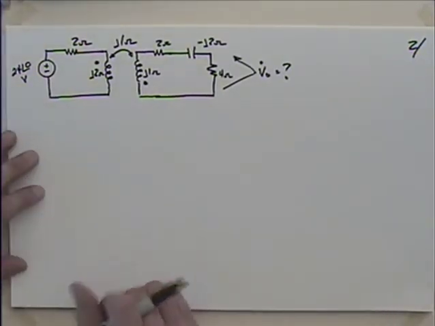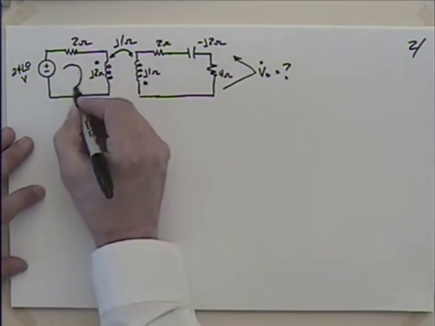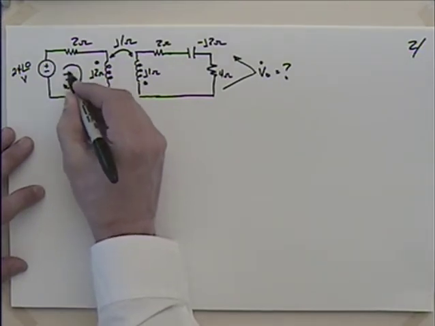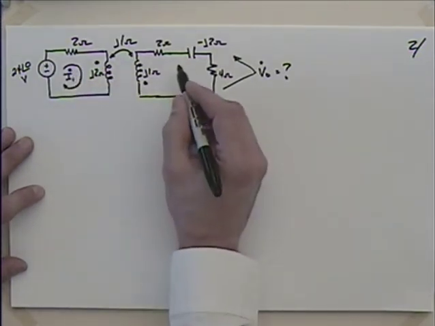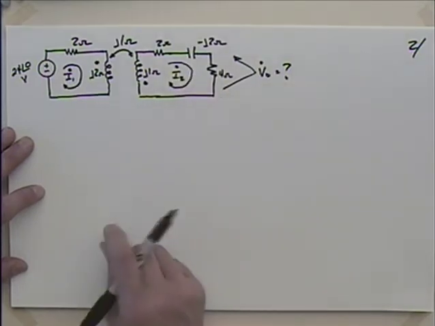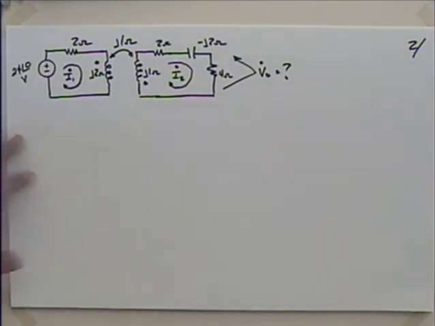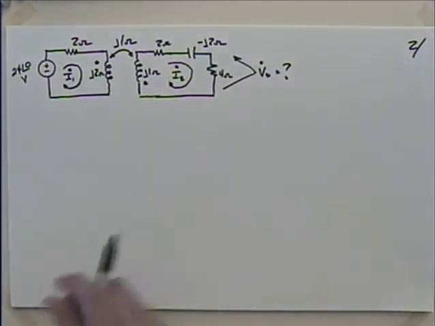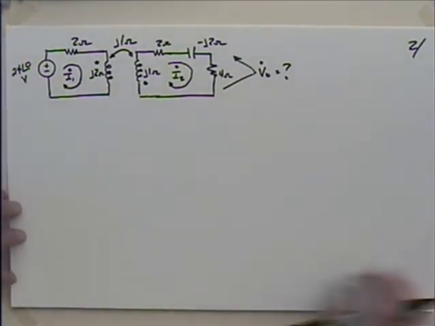Mesh analysis, right? Why don't I go ahead and take this as I1, and I'll take this as I2. And we're looking for this voltage out there, so if I can come up with I2, I multiply I2 times 4 ohms, and I've got that voltage. Pretty straightforward.